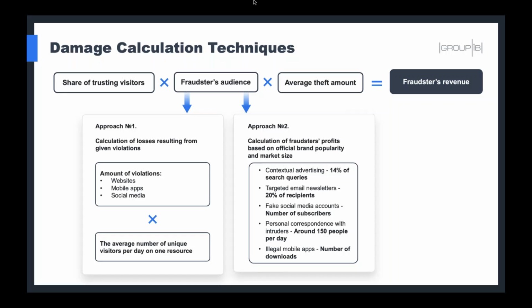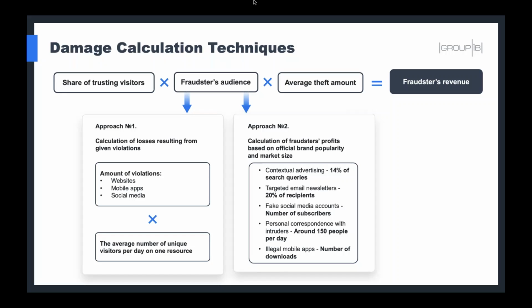So the rest of the damage calculation techniques should probably be discussed in a separate webinar, because there is a lot of information to discuss. But what can I say just at the moment?